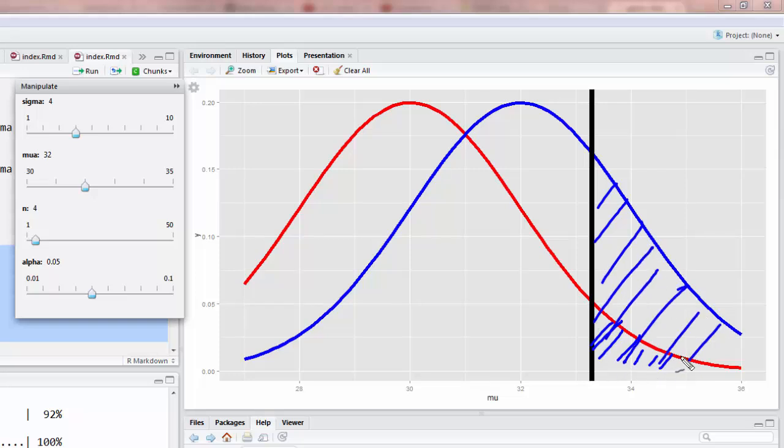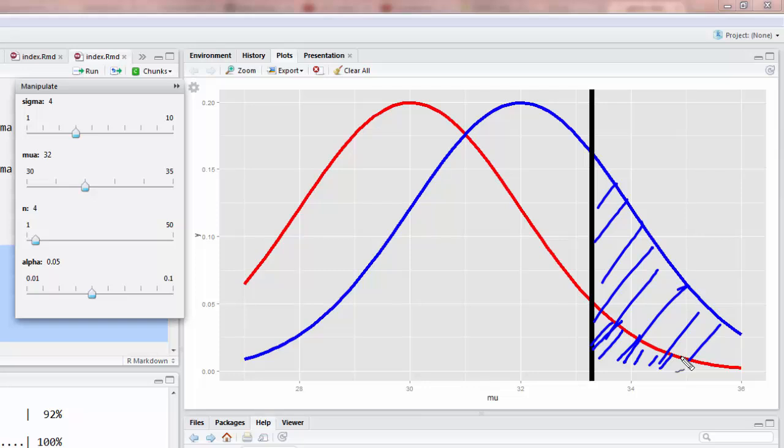So I would highly recommend that you go through the code for this manipulate experiment to understand how power works in this particular setting. It's quite easy, but basically what you can see is power has a bunch of knobs, and as you turn them, the power changes in different ways. And in the next slide, we'll summarize the various aspects of power.